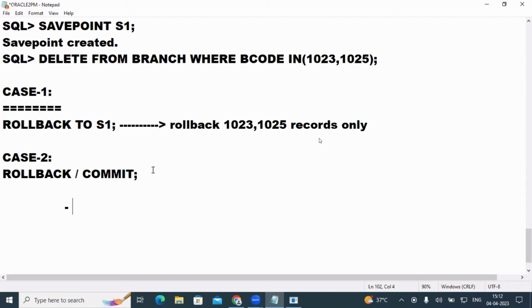For example, banking sectors. In banking sectors, per day, how many transactions are going on? Do you have any limitations? No. We just call it n number of transactions. So per day, lakhs of transactions.